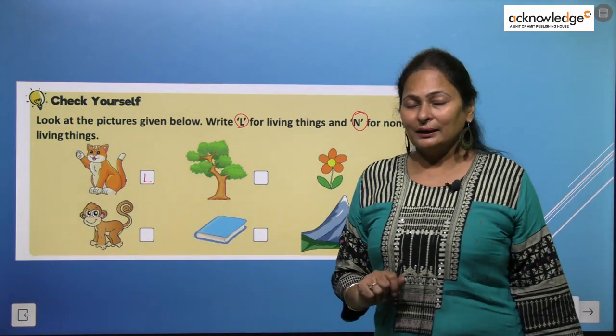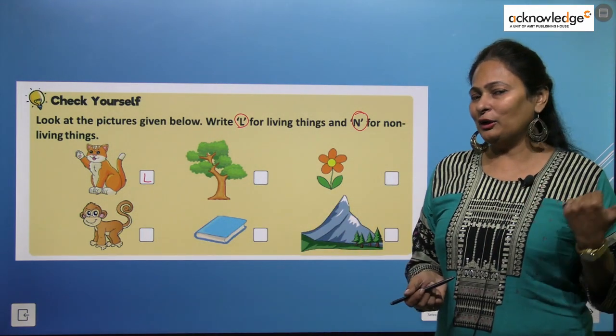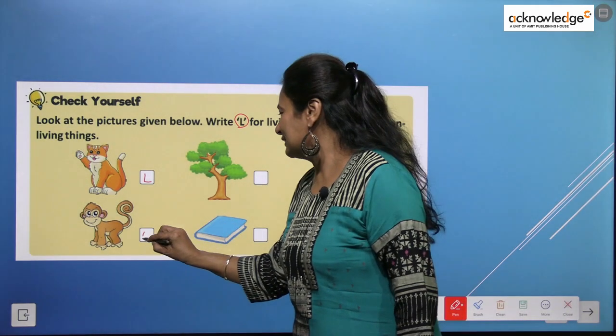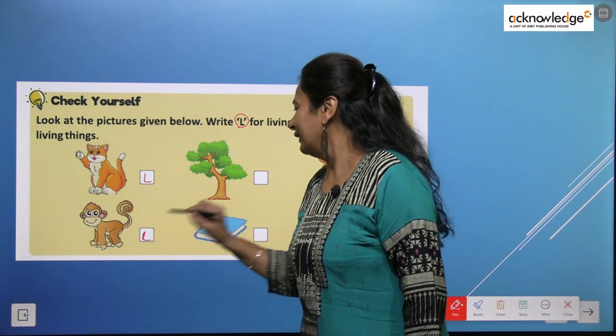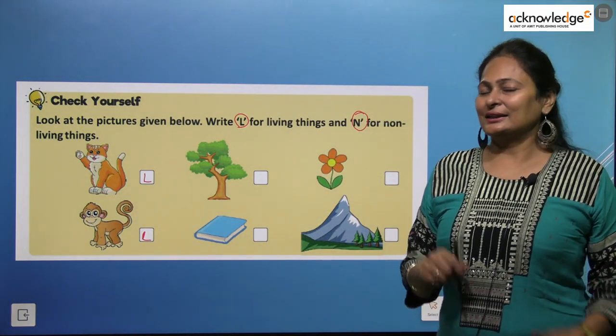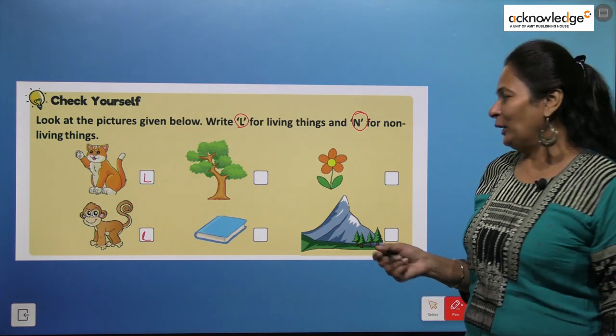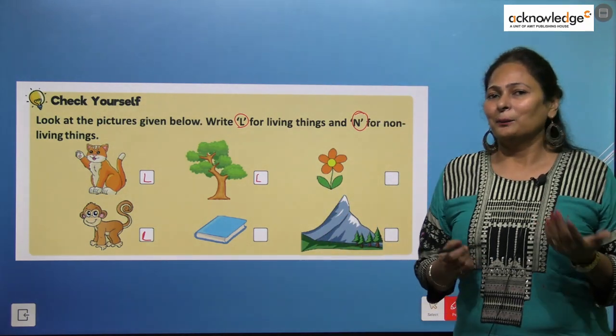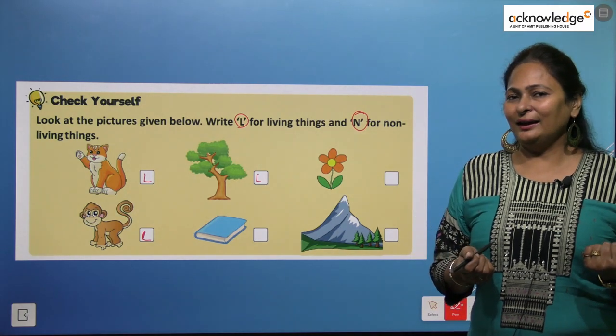Next is monkey. Is a monkey living or non-living? Fabulous answers, kids. It's living. Write down L here. Trees. Trees are again living things. Book. Is a book a living or non-living thing?